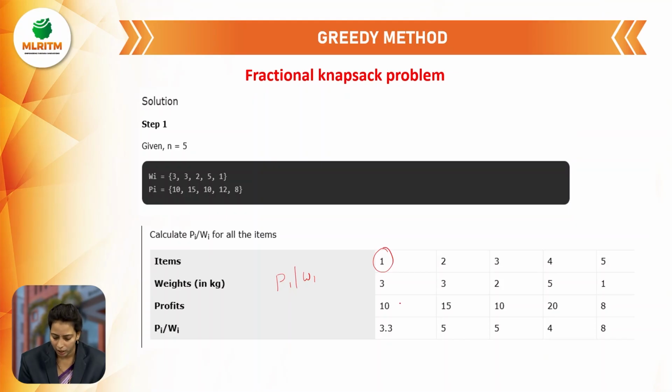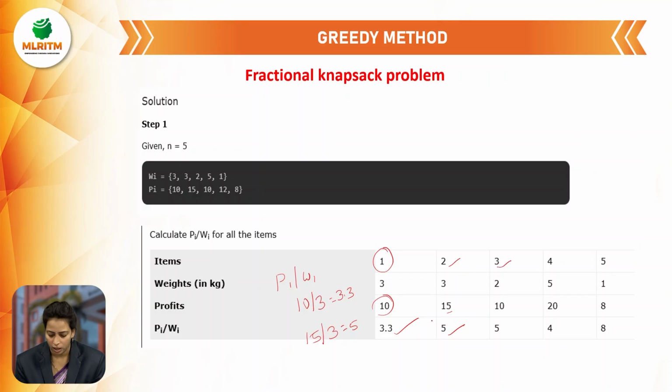What is Pi? 10. 10 by 3 equals 3.3. So the Pi by Wi ratio of the first item is 3.3. Like that, the second item: what is the profit? 15 by Wi, and the second item's weight is 3. 15 by 3 is 5. So Pi by Wi for the second item is 5.